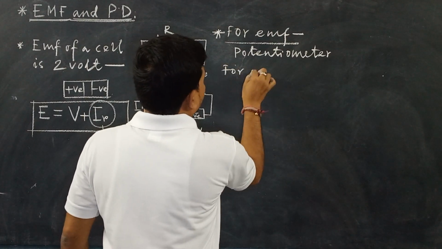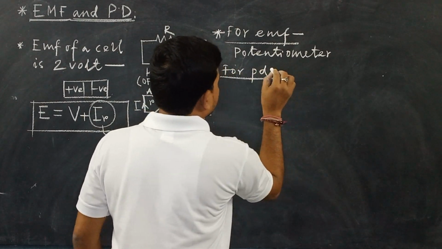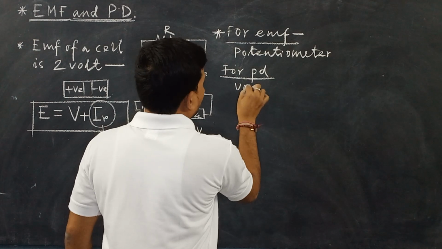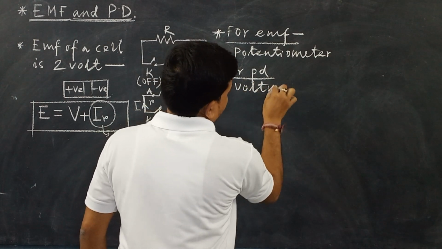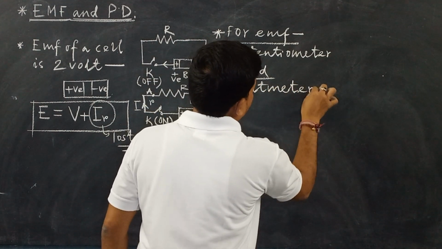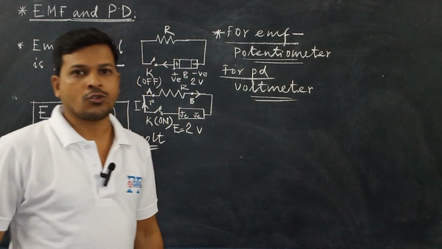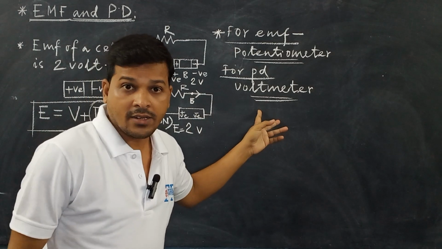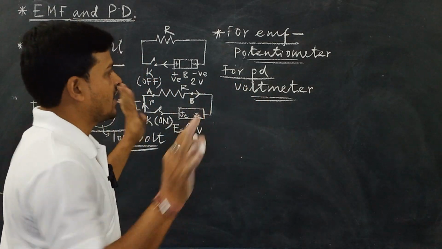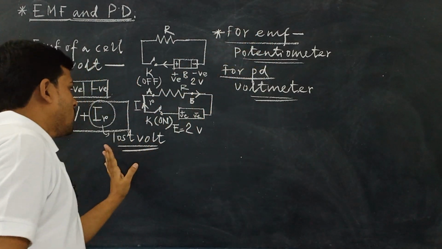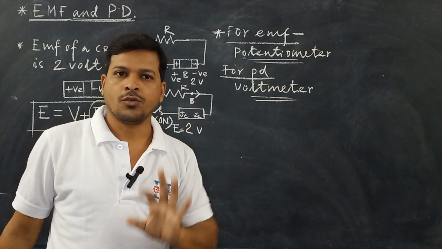And for PD, potential difference, the voltmeter is used to measure the potential difference across the two ends of a conductor. The units are the same: for EMF that is volt, and for PD that is also volt.